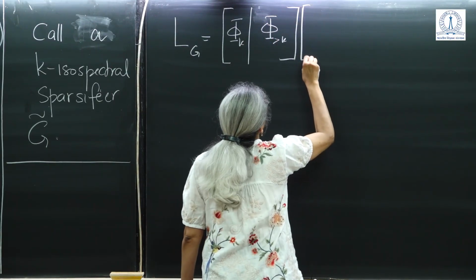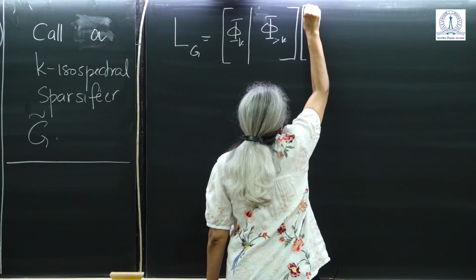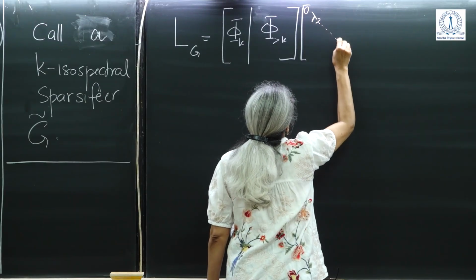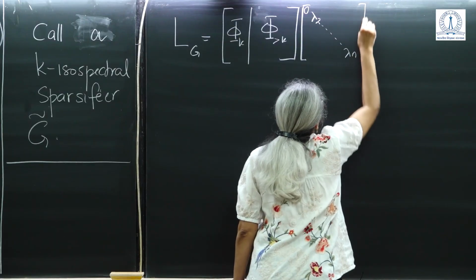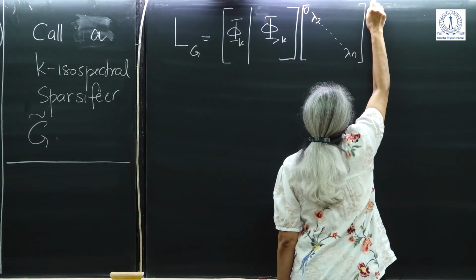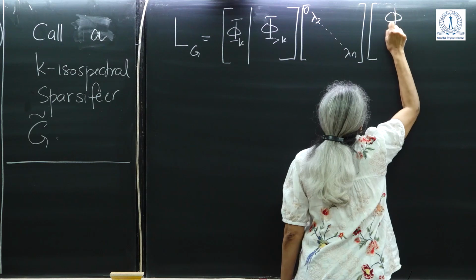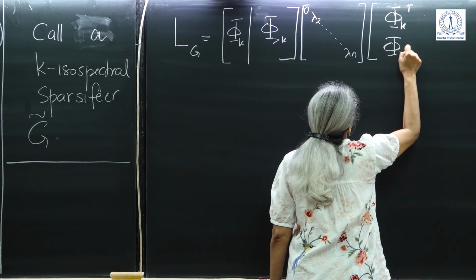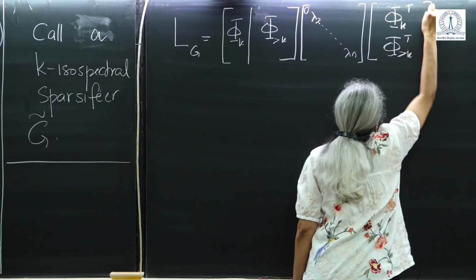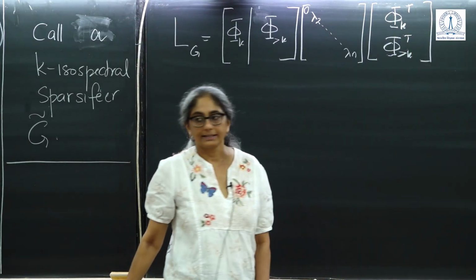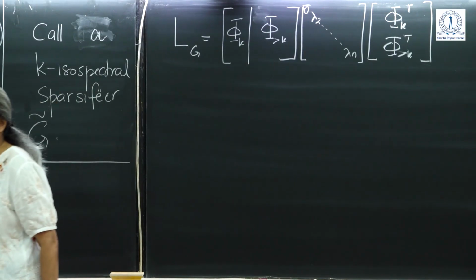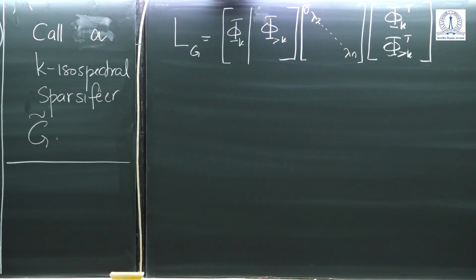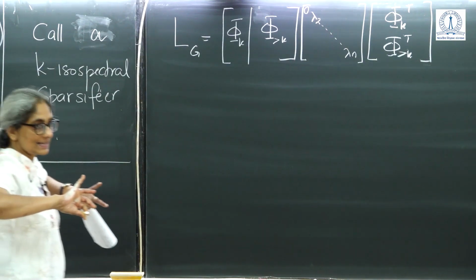And then it has all the eigenvalues, 0, lambda 2, up to lambda n. And then it has the transpose of that matrix. So this will look like phi k transpose, phi bigger than k transpose. Does everybody agree with this? This is the spectral decomposition of the Laplacian of the original graph. Yeah? Good? Okay.